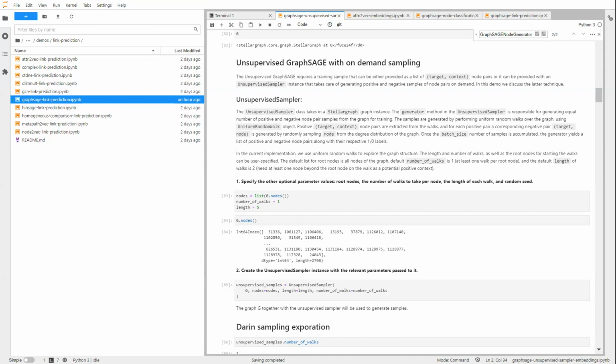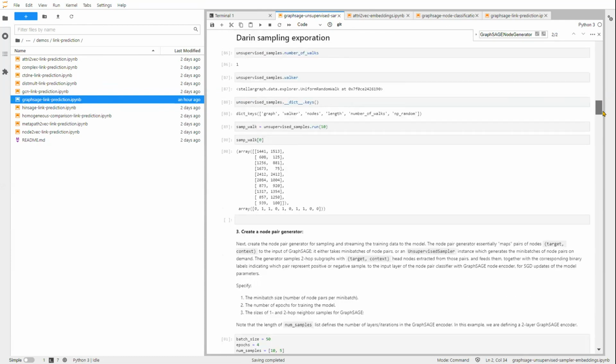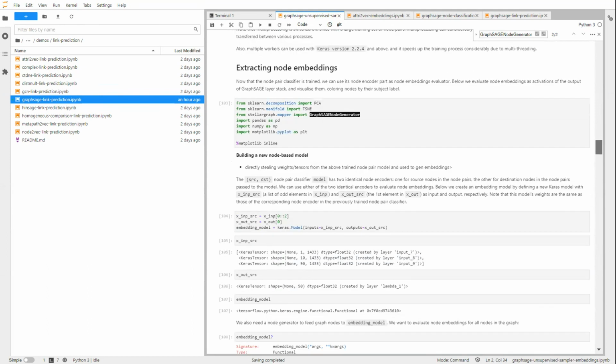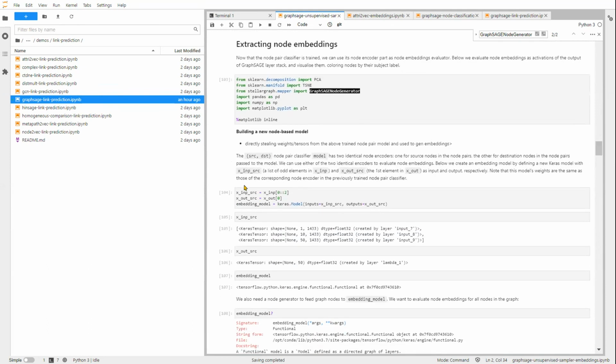They're talking about the walk. Anyway, this whole part is the binary classifier, and then down here, see this part right here? They're stealing these pieces.